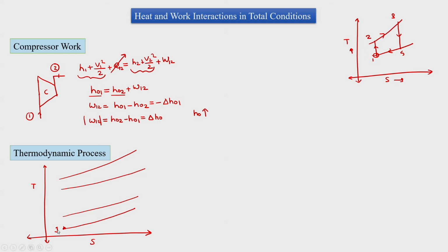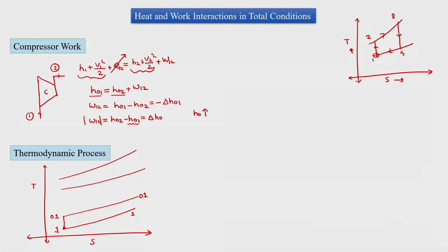This is the static condition at 1. Now, at 1 we need H01. For that, let us bring the flow isentropically to 0 velocity. If we bring it isentropically to 0 velocity, then we will reach the naught 1 condition. So this is naught 1.